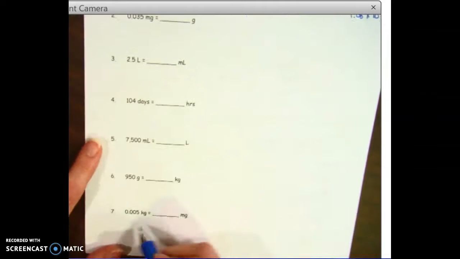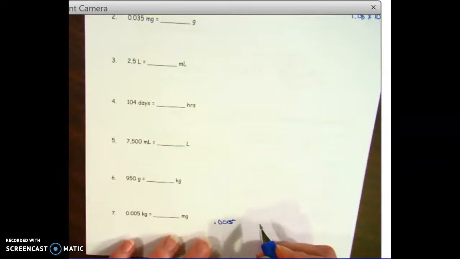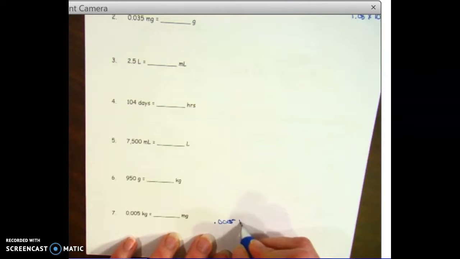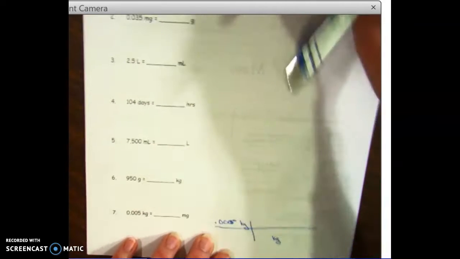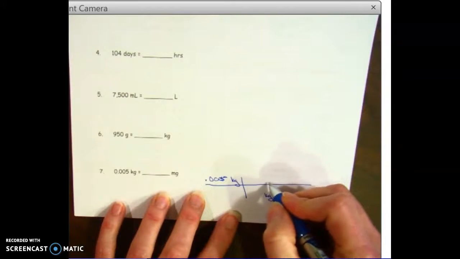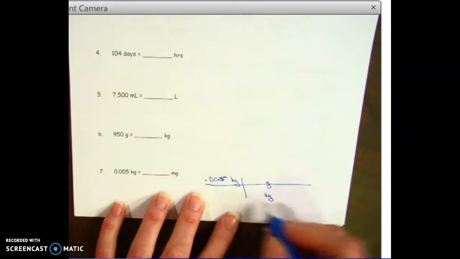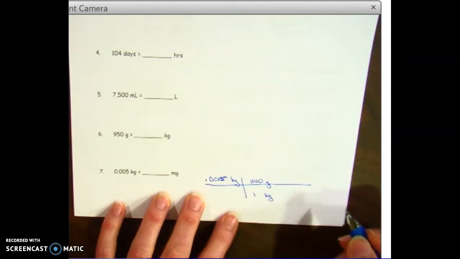Okay, so let's do another one on this page. Let's look at the bottom here, number 7. You start with 0.005 kilograms. Now, I want kilograms to go away, so I drop that unit to the bottom. Now that that unit is in the bottom, I can do pretty easily kilograms to grams. A kilogram is larger, so 1 kilogram is made of 1,000 grams.